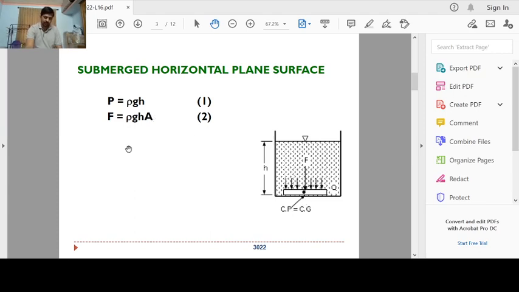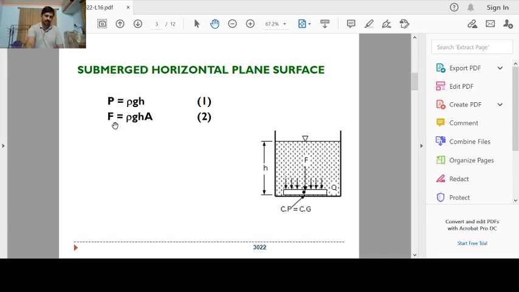So the force exerted by the liquid on top of this horizontal surface is equal to rho g h. So the center of pressure is equal to the center of gravity. The center of gravity is the point at which the entire mass of the surface is concentrated.